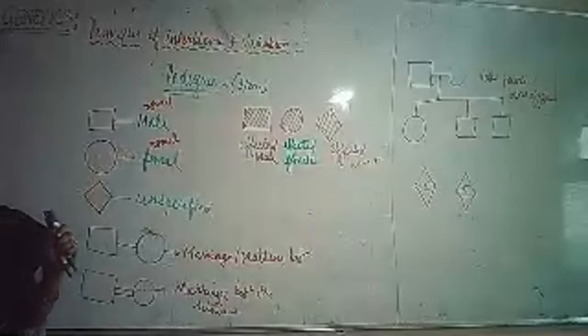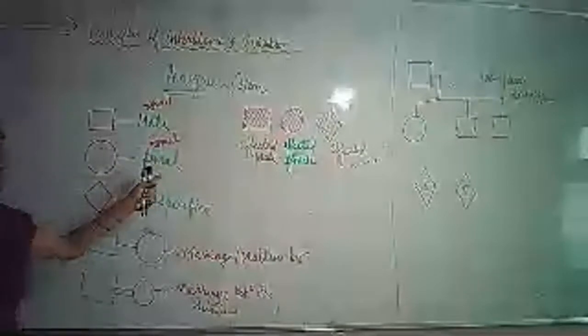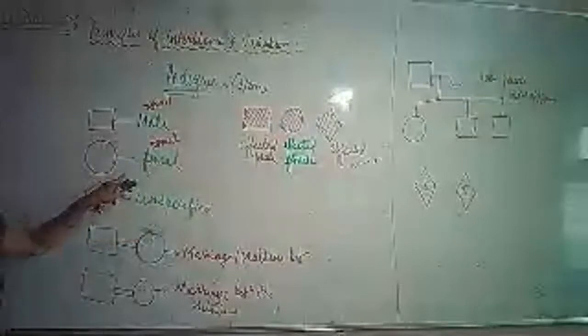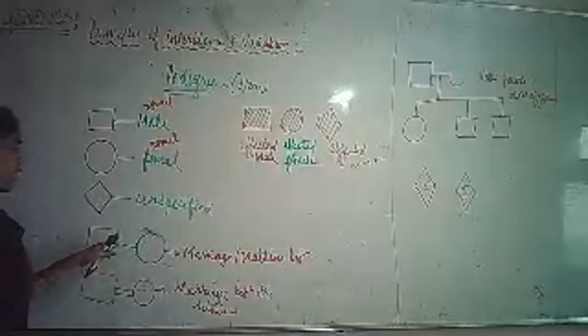Once again I would like to explain the symbols we are using in a pedigree. Squares represent the male sex, whereas the circle indicates the normal female, and here it is unspecified sex, neither male nor female. If there is a line between them, a vertical and horizontal line, that is marriage between the male and the female.